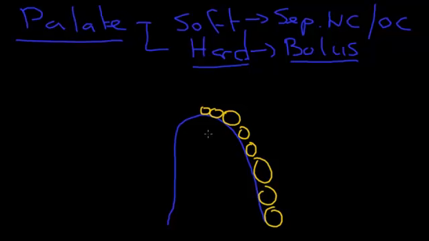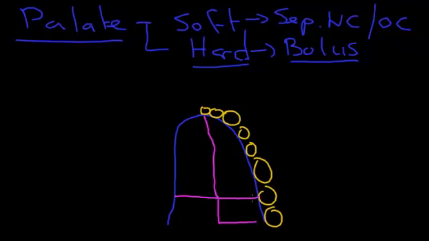The hard palate is fundamentally made up of two bones. The anterior 2/3 of it is made up of maxilla, a left and a right maxilla, obviously, and the posterior third is really made up of palatine bone.